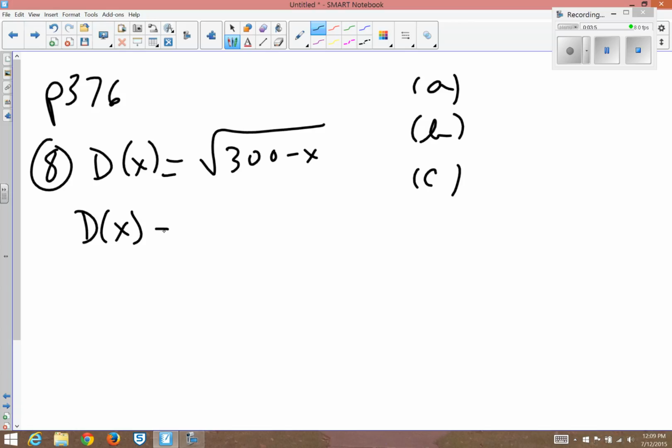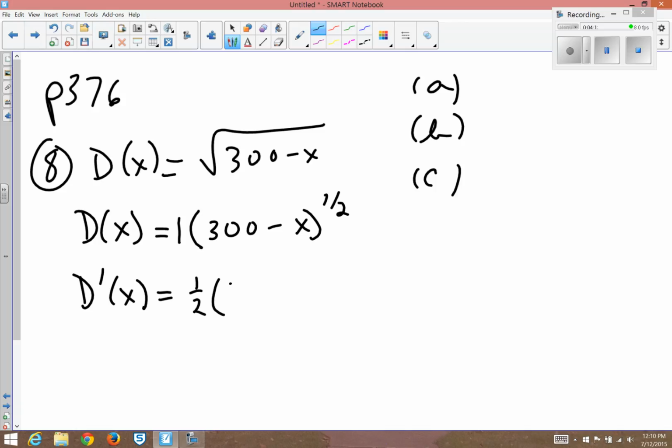Since D of x is equal to, in parentheses, 300 minus x raised to the 1/2 exponent, D prime of x is the 1/2 exponent times the number in front, understood to be a 1, 1/2 times 1. Copy what's in the parentheses. Subtract 1 from this exponent. 1/2 minus 1 is negative 1/2. And we multiply by the derivative of what is inside the parentheses.